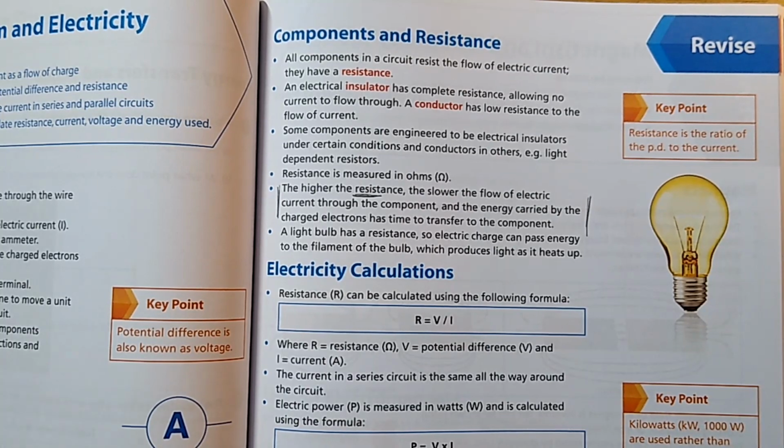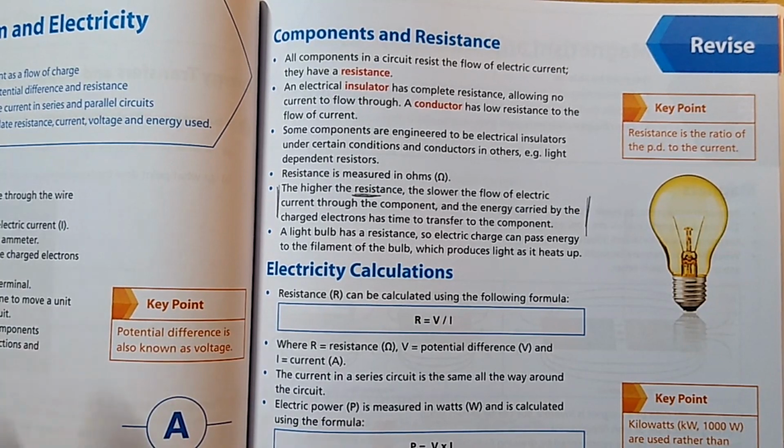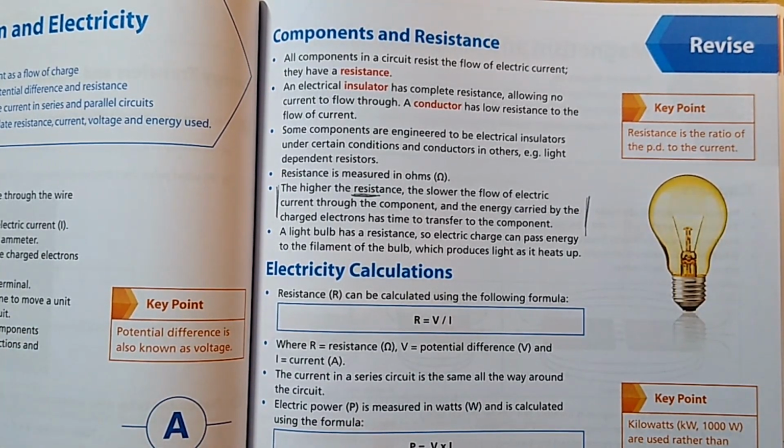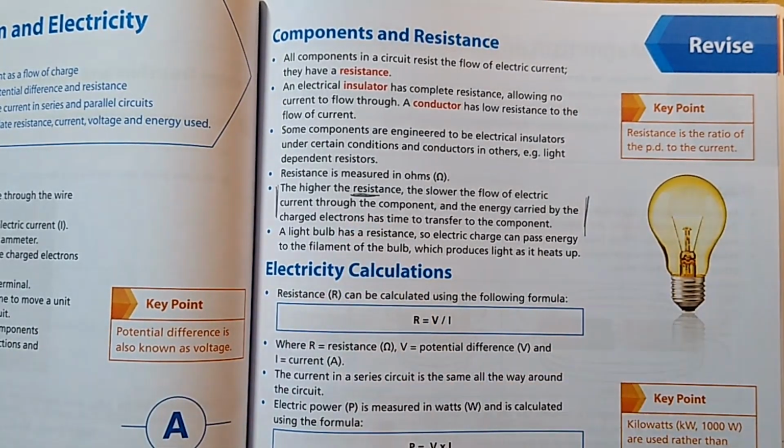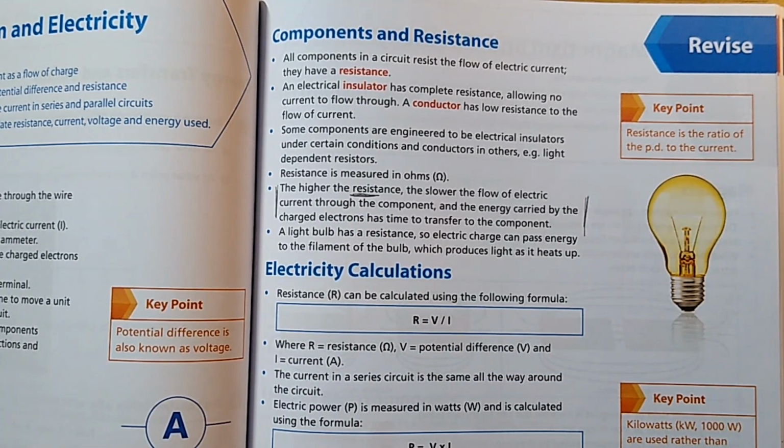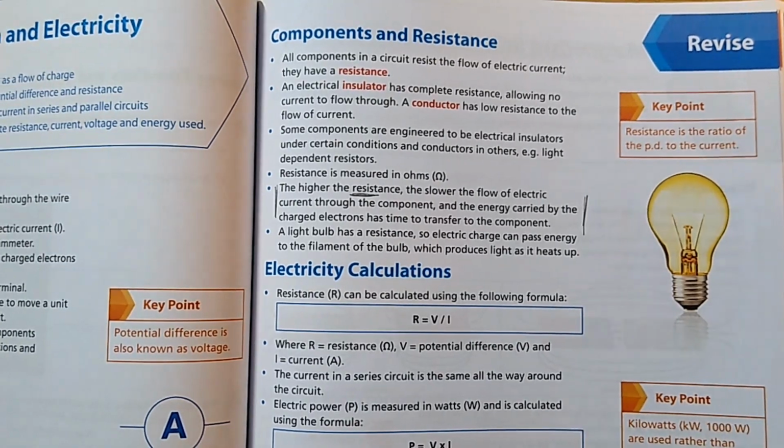If you try to resist them, if you try to slow them down, if you put something in their way, then that is going to reduce the flow of people coming through that particular door because you are resisting them. And that word resistance applies just the same in electricity. Where you've got higher resistance, you have a lower amount of current coming through.